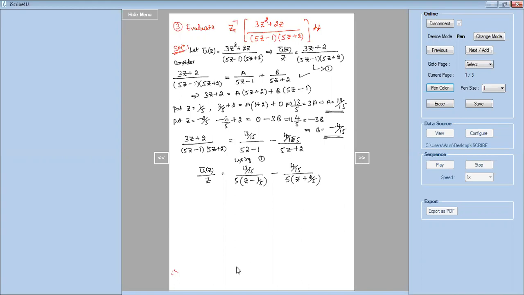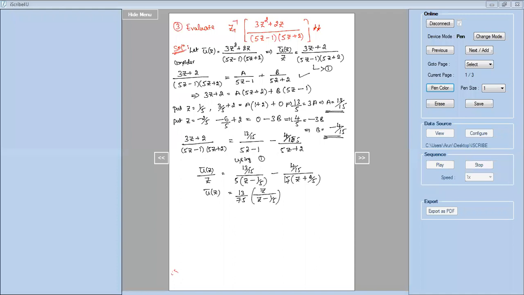Right? Now send this Z to the right hand side. So it becomes U bar of Z equals, I can write this as 13 by, look at this, 5 into 15, it becomes 75, into Z by Z minus 1 by 5. It is just a simplification. 13 by 15 into 5, that is 13 by 75, this Z by Z minus 1 by 5.